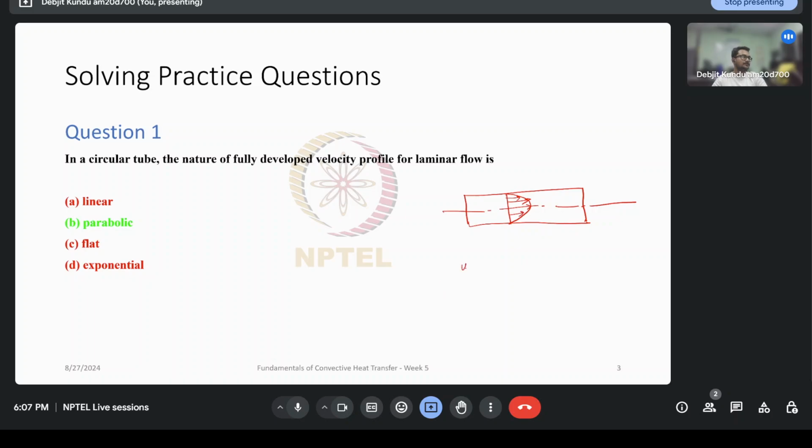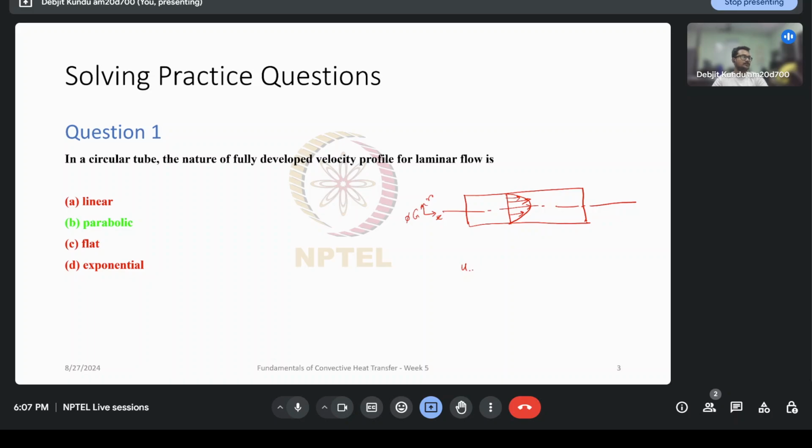This is the axial direction, let's call it z. This is the radial direction r, and this is the azimuthal direction, let's call it phi. So r, phi, z coordinates are the cylindrical polar coordinates.